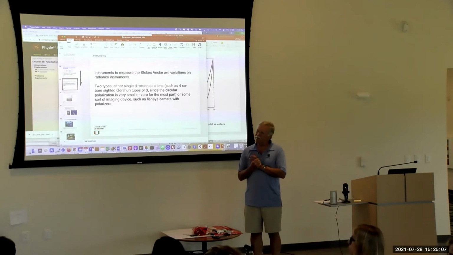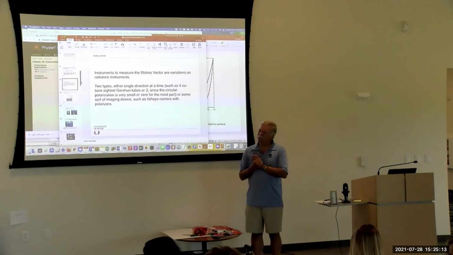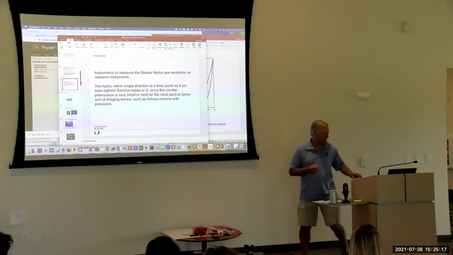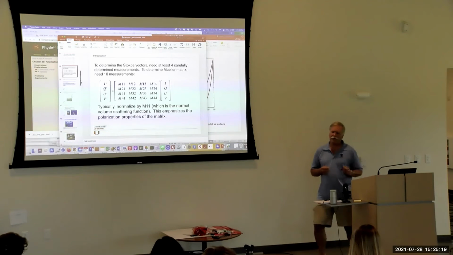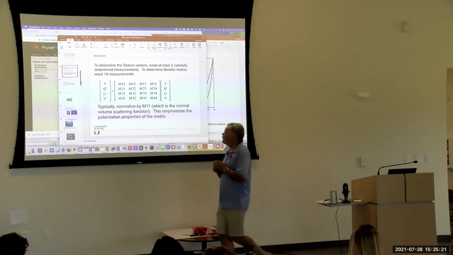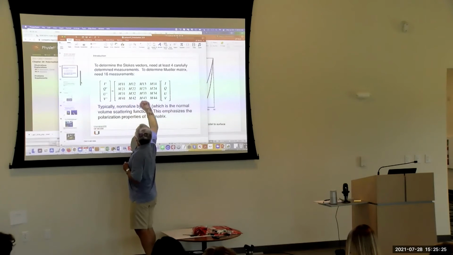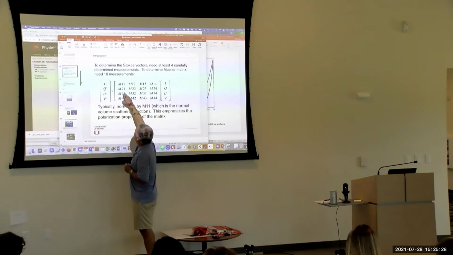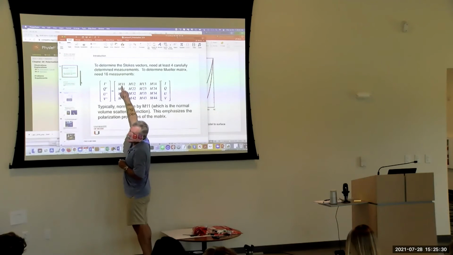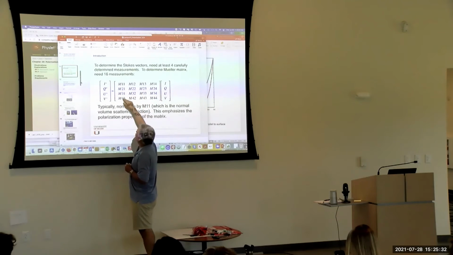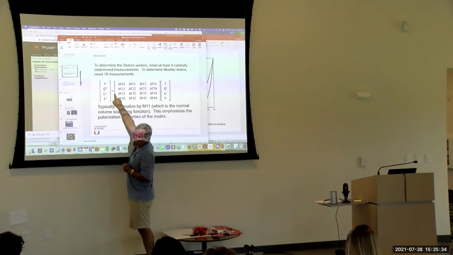Yeah. You're saying how much is the intensity? The intensity will change all of the values in the Mueller matrix, if you don't normalize to M11. If I normalize to M11, everything's divided by M11. There's going to be a 1 here and the rest, and you can think of putting the M11 out here.